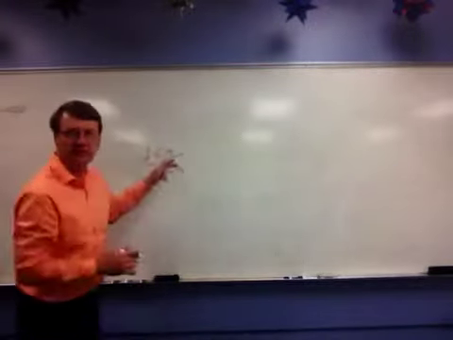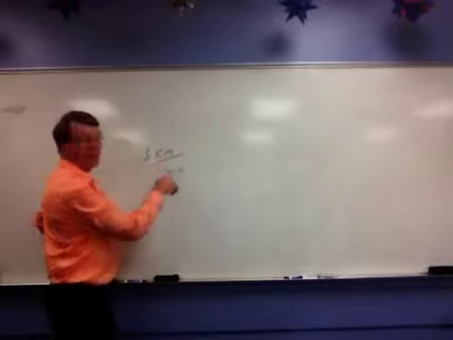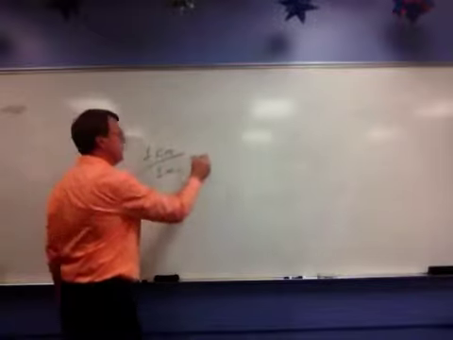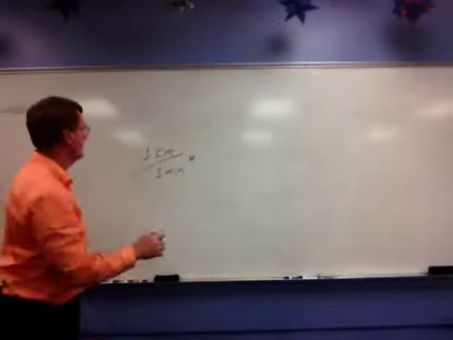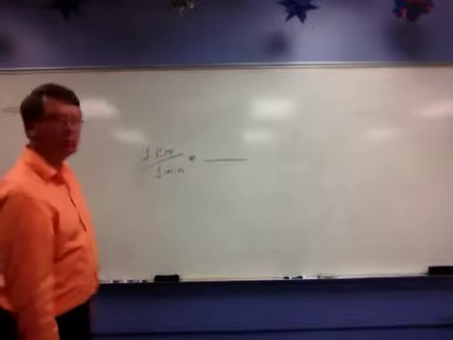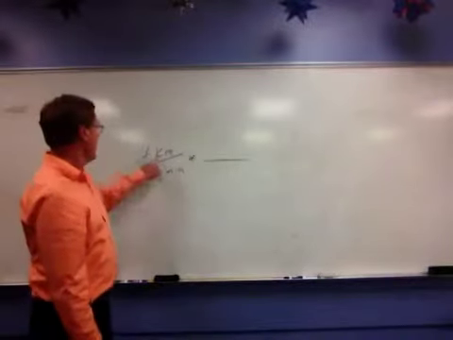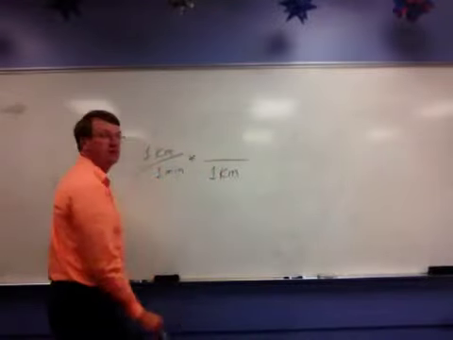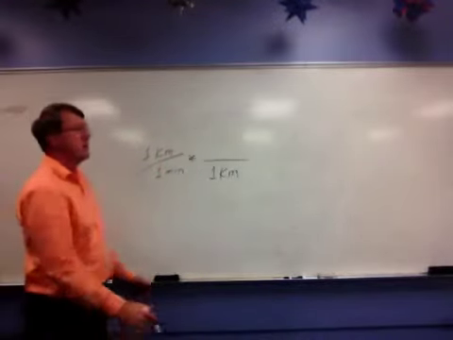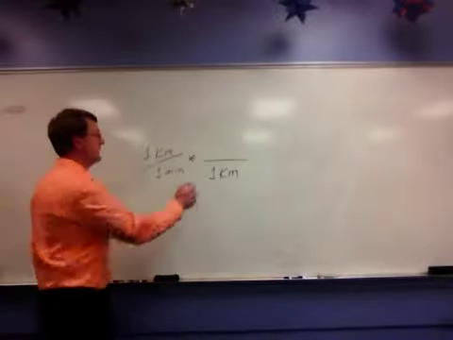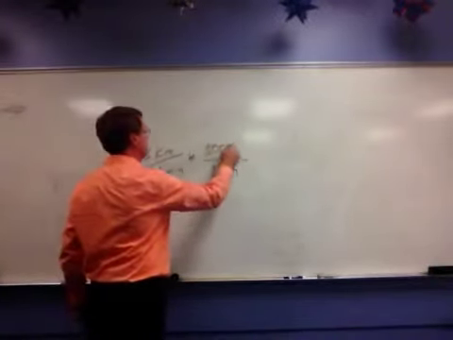We'll take care of the kilometers first. How are centimeters related to kilometers? Well, you might not get kilometers and centimeters right away. We'll go with kilometers and meters first. That's a pretty easy conversion. I want to get rid of the kilometers. How many meters are in a kilometer? 1,000. Kilo means 1,000. All those prefixes have a very, very good use.